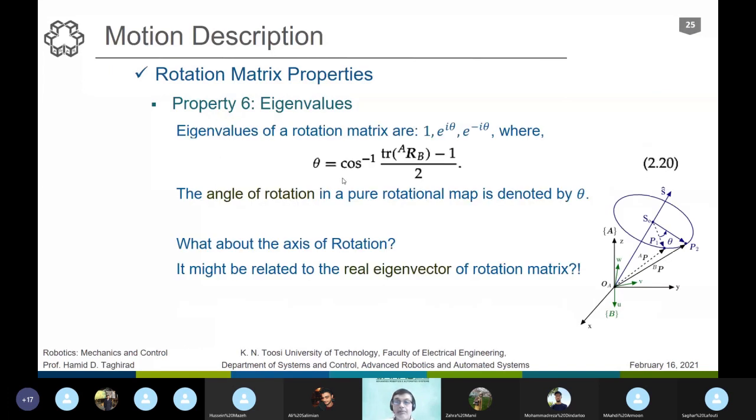Wow, this is the best part of this section. What about the eigenvalues and the eigenvectors?